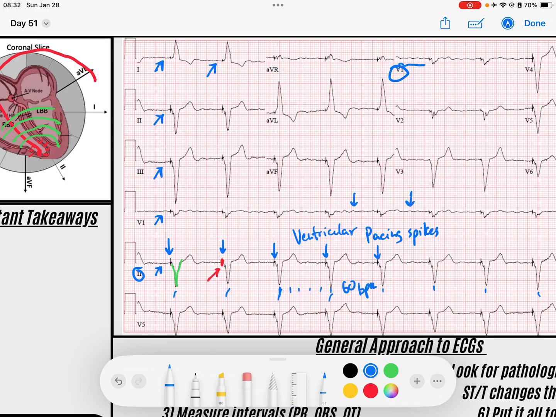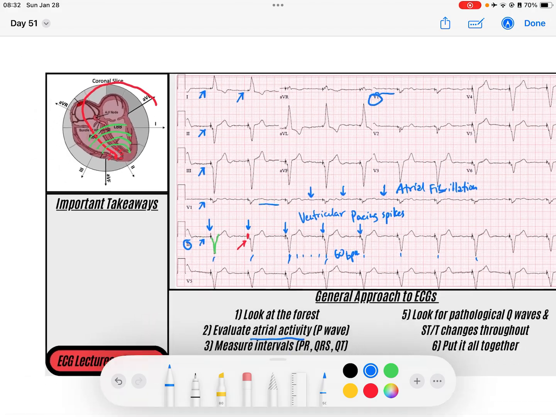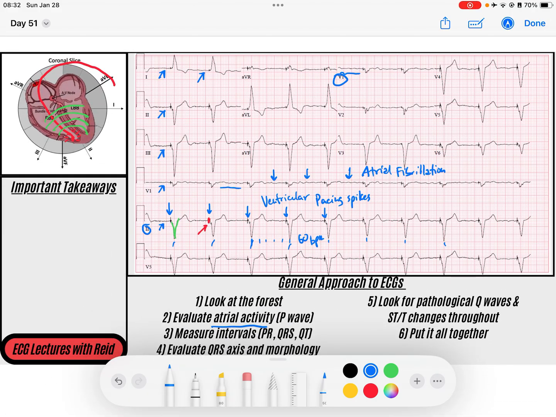There are some small, fine upward and downward deflections, and so when the atria is not contracting, but there is this noticeable electrical activity flowing through it, that is indicative of atrial fibrillation, right?